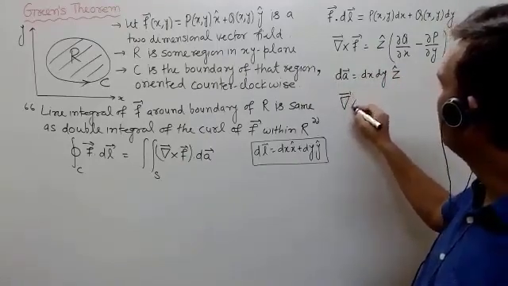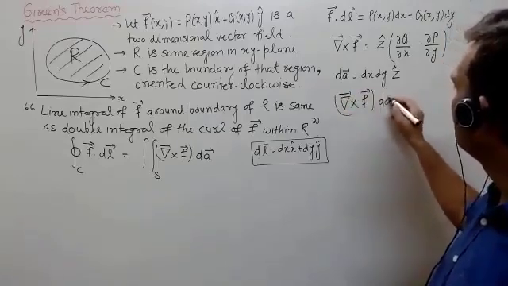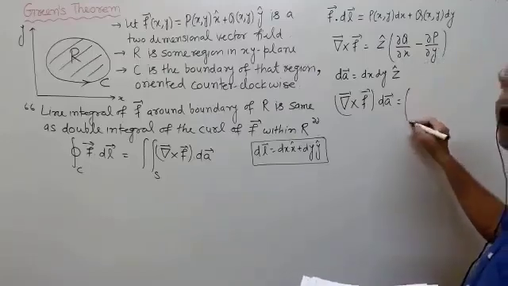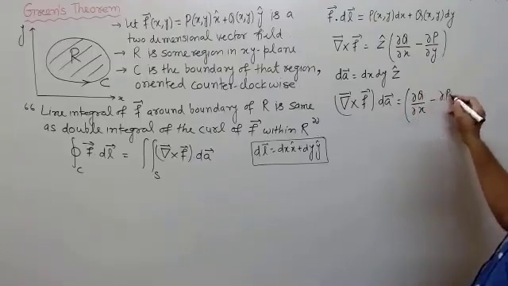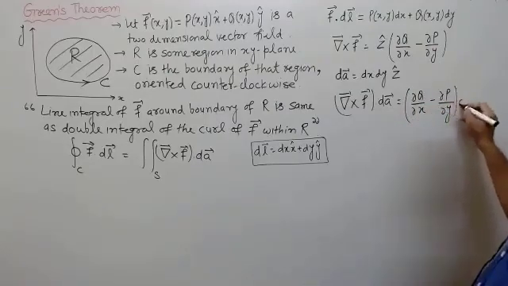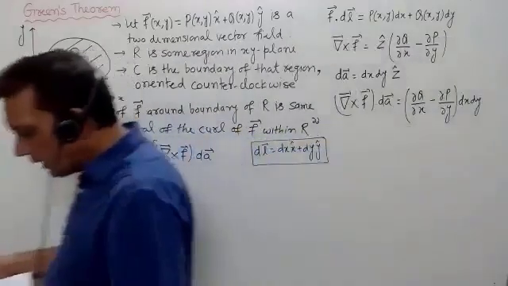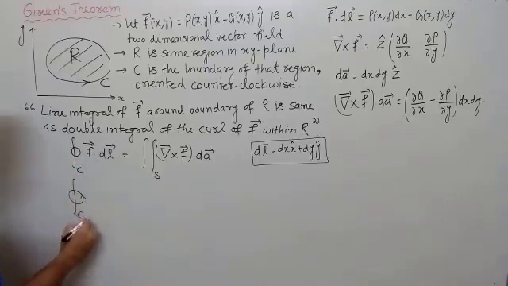So we can write the integral of del cross F dot dA as the integral of del Q by del x minus del P by del y, dx dy. So finally we can write this equation as, this is the closed integral, counterclockwise C, this is anti-clockwise.